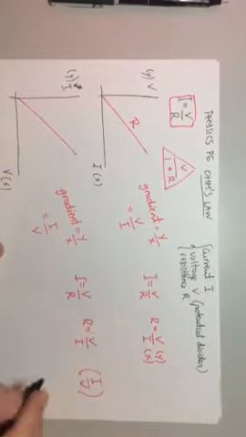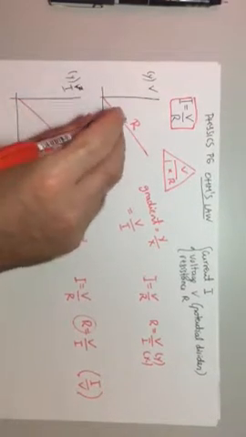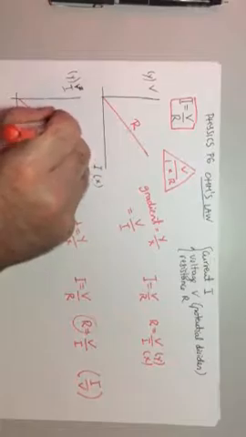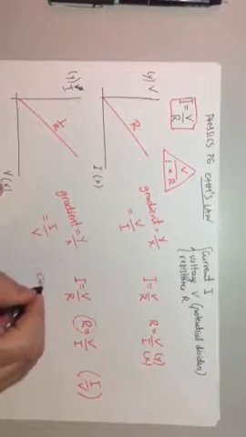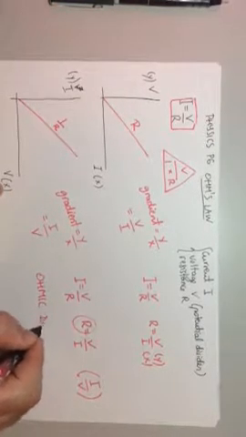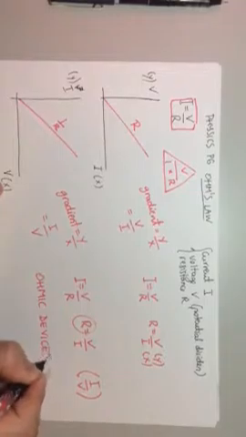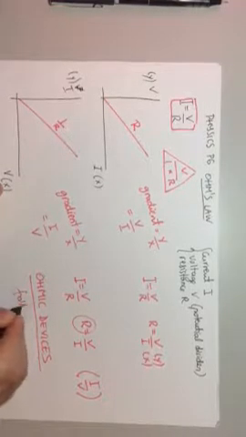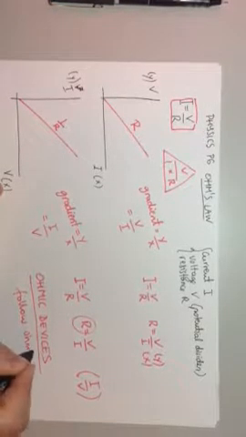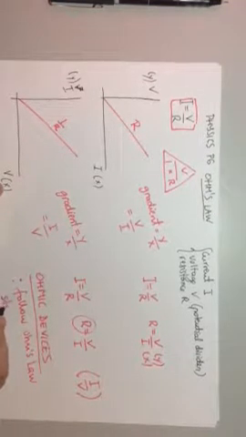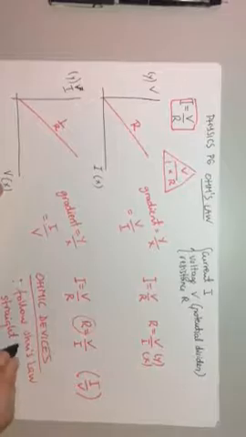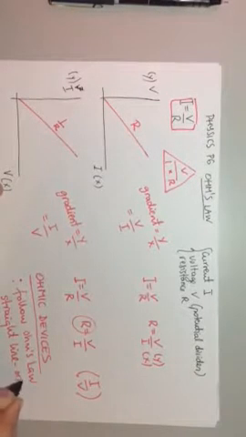That means this gradient is not going to be R like the one on top. It's going to be 1 over R. That is the difference between one and another. These are called ohmic devices, which means they follow Ohm's law. You're going to get a straight line that goes through the origin.